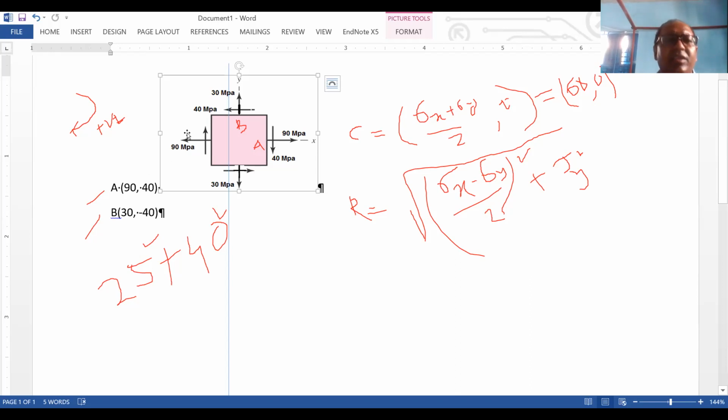So 90 minus 30 is 60, divided by 2, so right over here it will be 30. It will be 30 squared. So if this is 30 squared, then the radius comes to 50. Okay, the radius is 50.